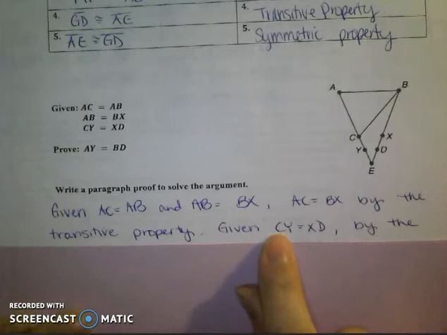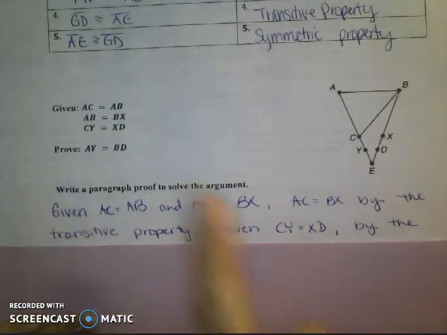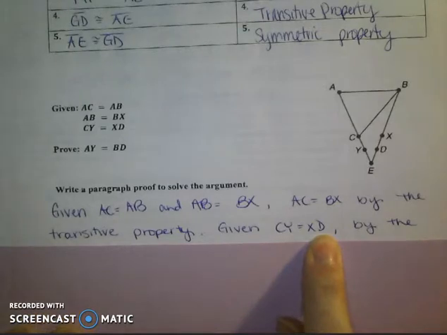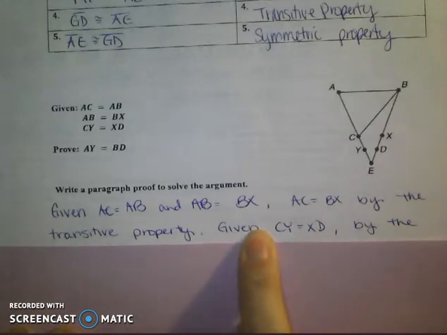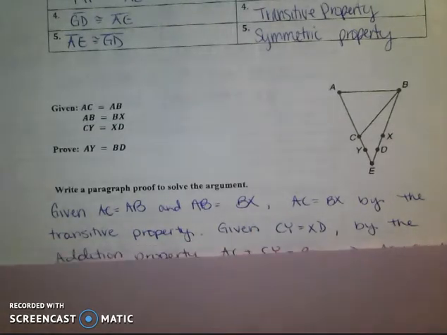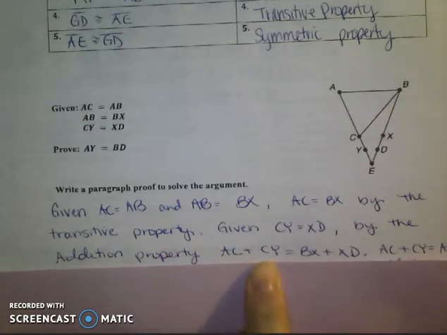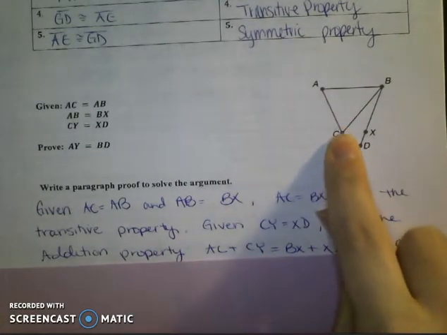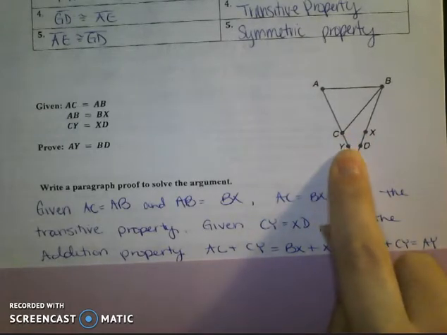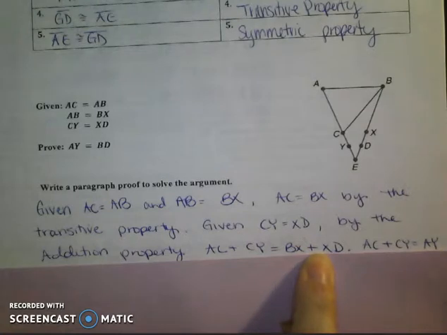And if we are given our other little piece of information here, CY is equal to XD, that's given. Then look and see what we have prior. Well, by our addition property, because we're going to be adding up some segments here, we could say that AC plus CY is equal to BX plus XD.